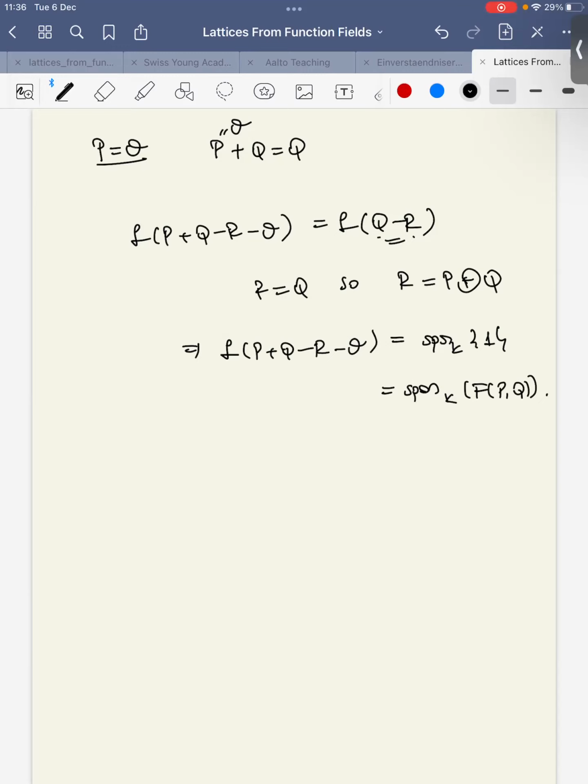And you can also verify what happens when Q equals O similarly. And by using this observation, now we will give a bit more general result.